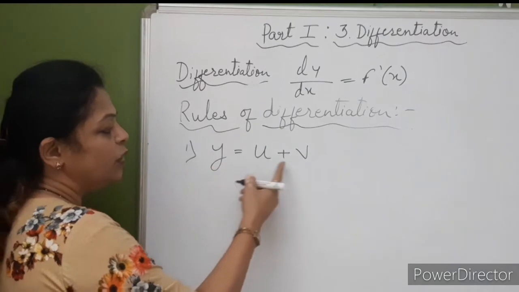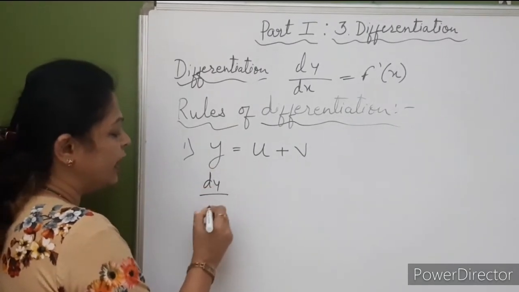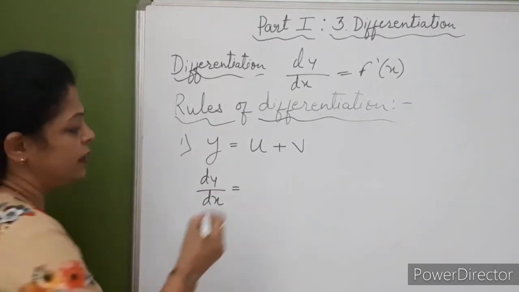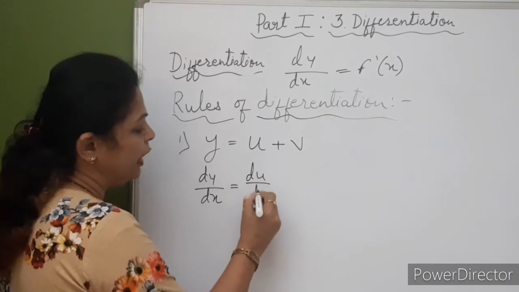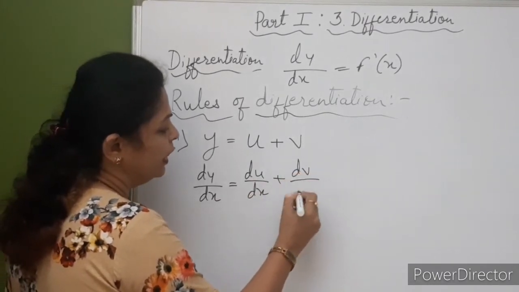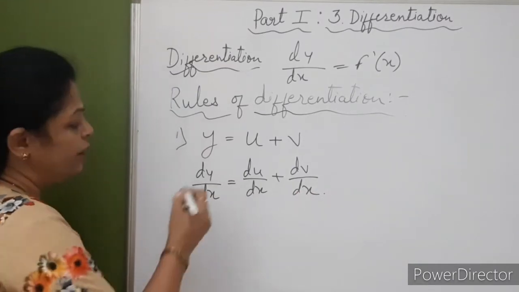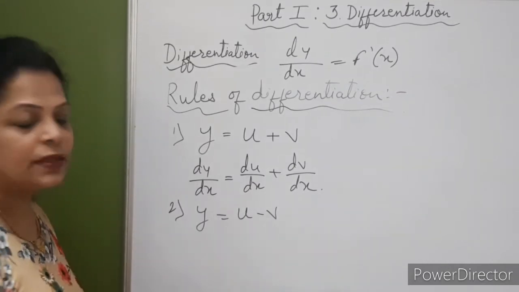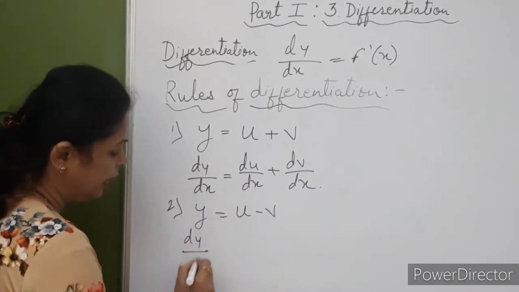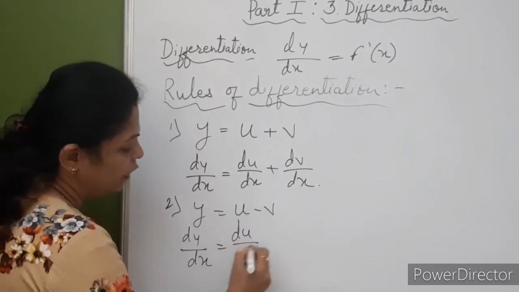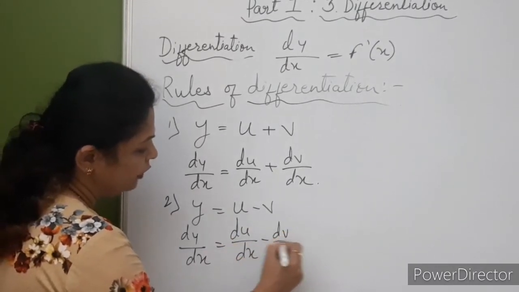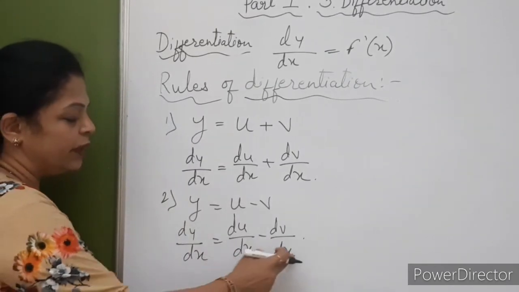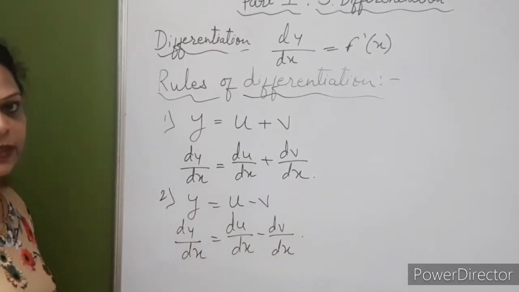So if y is equal to u plus v, then dy by dx, that is derivative of y with respect to x, is equal to du by dx plus dv by dx. If y is equal to the difference between the two functions, then dy by dx is equal to du by dx minus dv by dx. That means the derivative of y will be equal to the difference between the derivative of two functions.